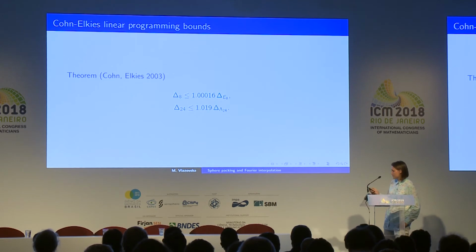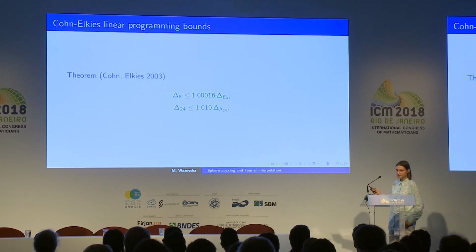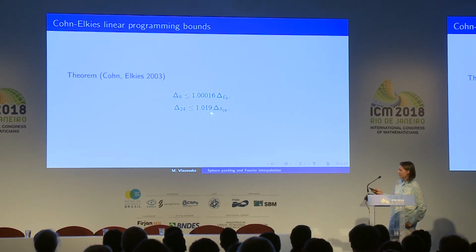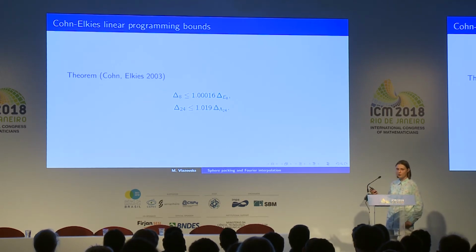In the latest papers they could replace this 0016 by 10 to the minus 60, and the same here. You can think of it as somehow numerical: a numerical one here and a numerical one here. So what we would like to do now is replace this numerical one by a mathematical one.